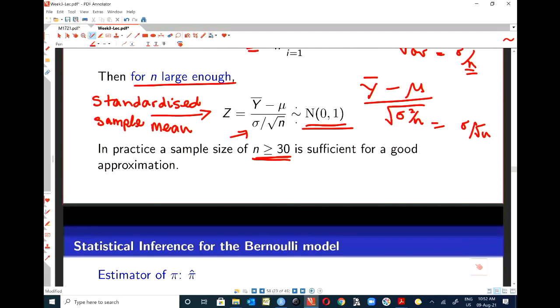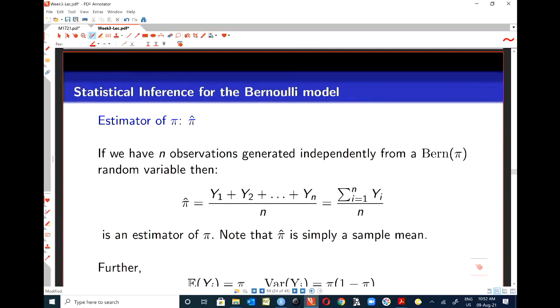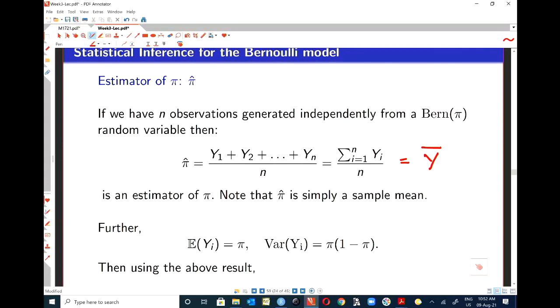So let's have a look to see how this works. If I look at my estimator here for the proportion, it was a sample mean. We did say this is essentially y bar, my sample mean. What I'm saying is that I know from before the mean of yi, the Bernoullis, is just pi, and the variances are simply pi times 1 minus pi.